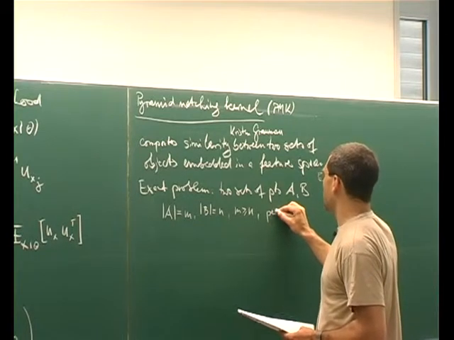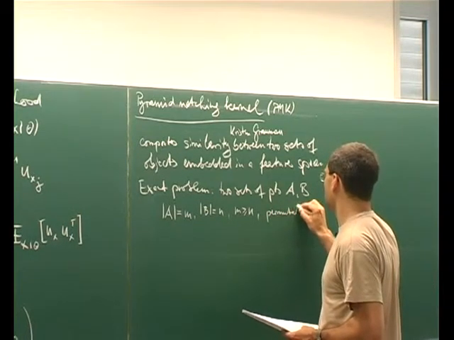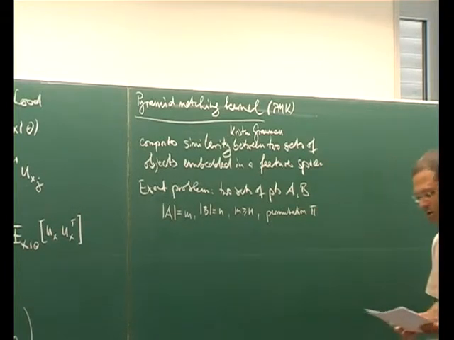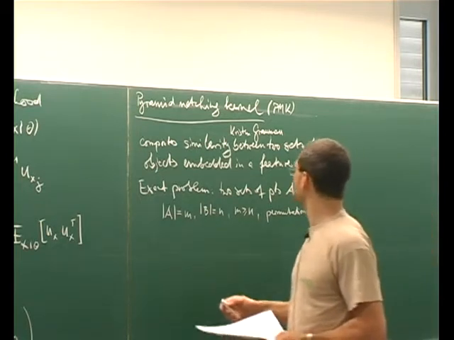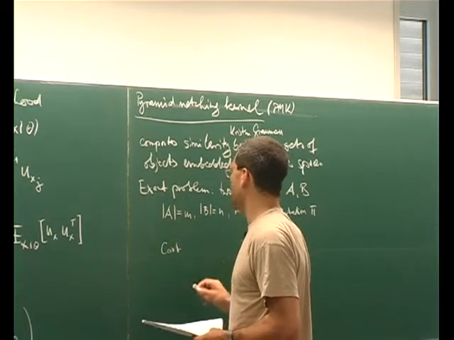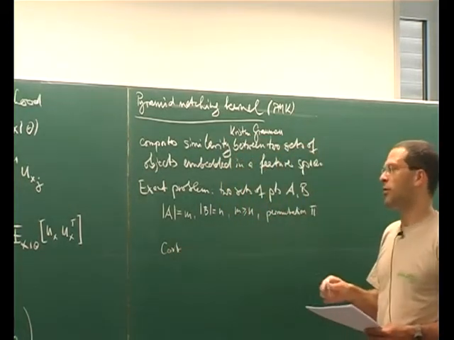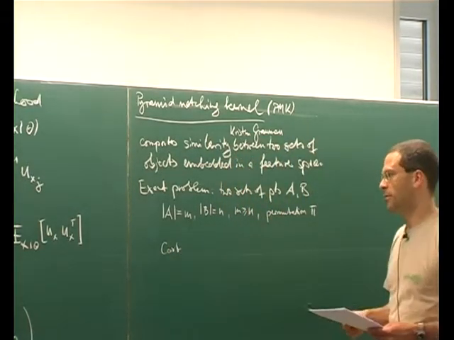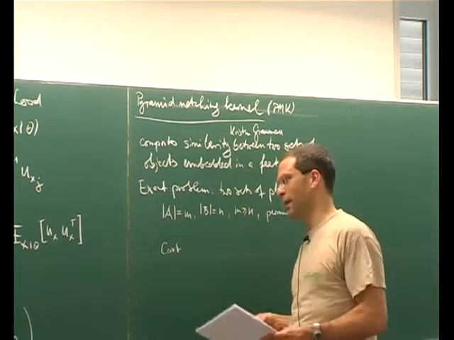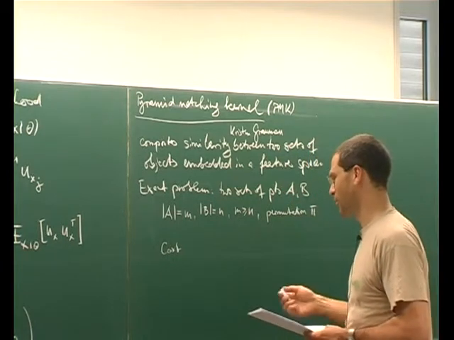We also need a permutation. And the cost of a partial matching is then given by assigning each member of the smaller set to some member in the larger set, with no two points being allowed to map to the same point from the other set.